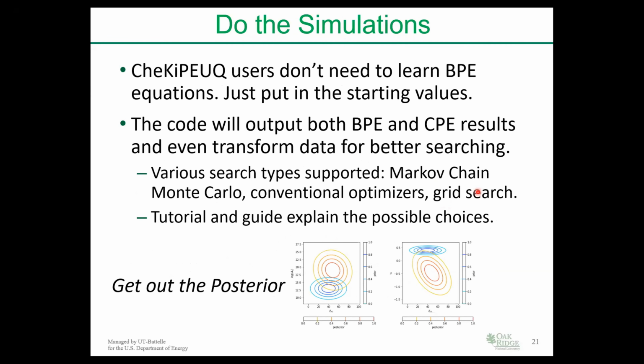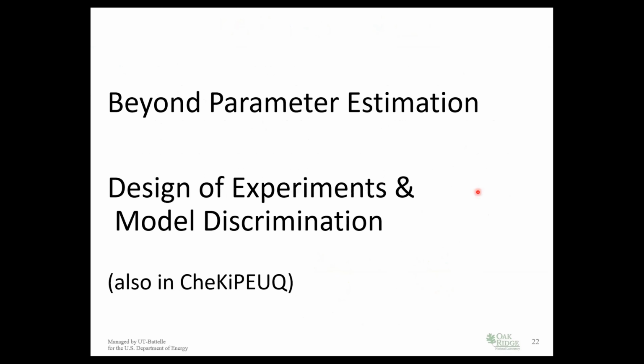So the intent here is that users don't need to understand what's going on under the hood. They don't need to understand the equations, and that's true for the following slides as well, that we can do things that go beyond parameter estimation. One of the things is design of experiments, and another is model discrimination.